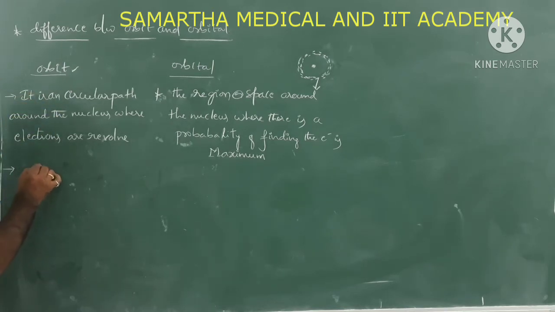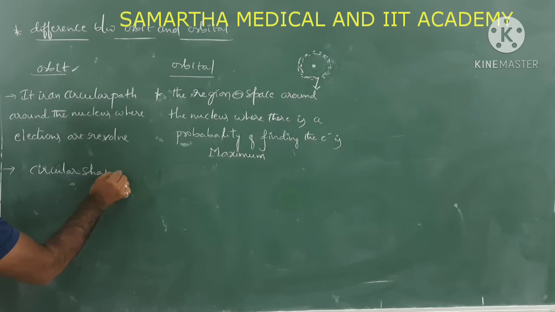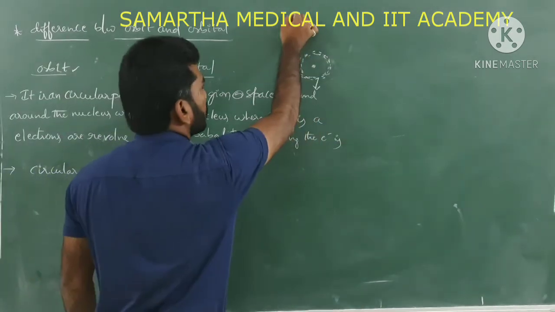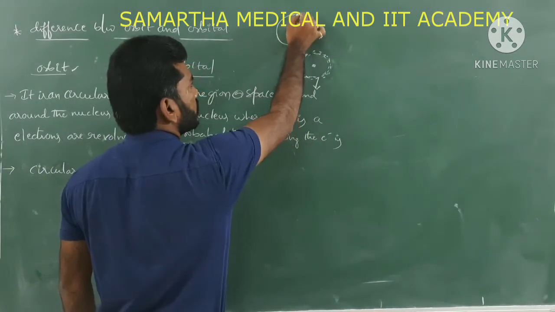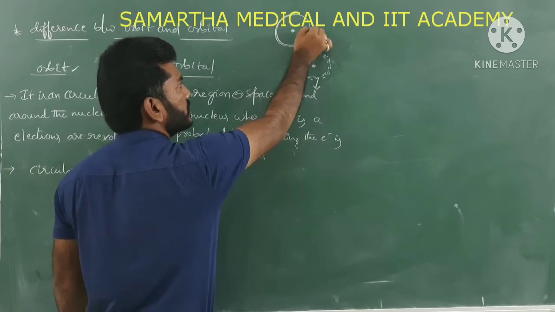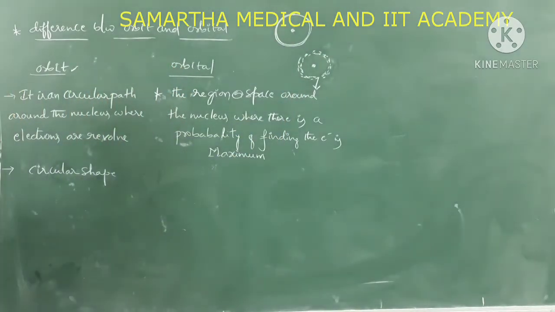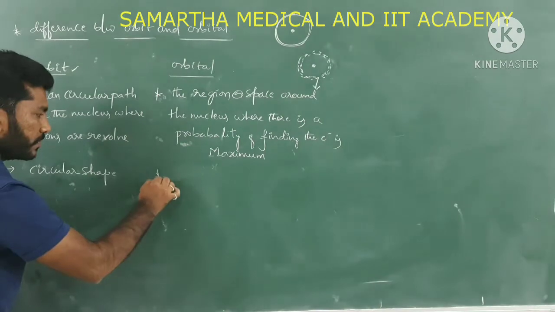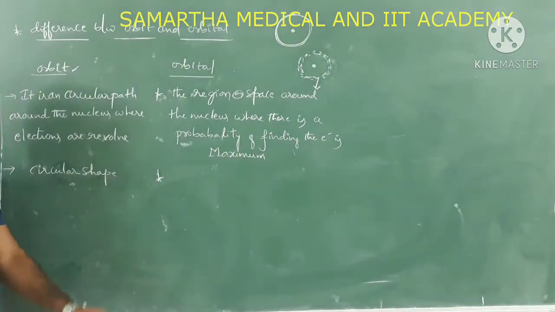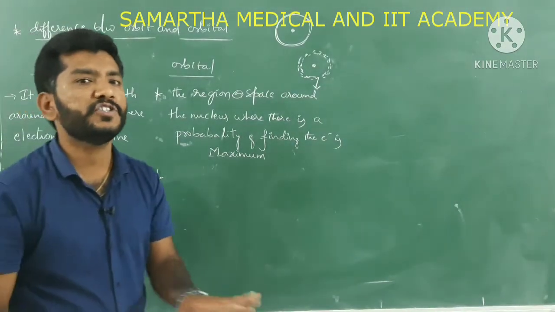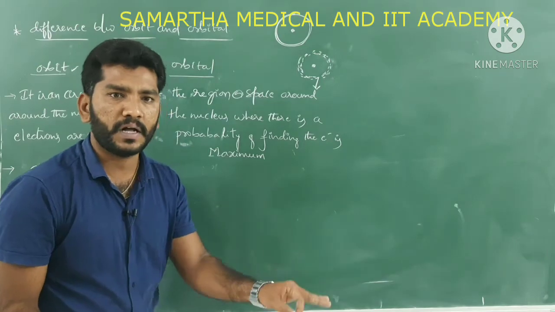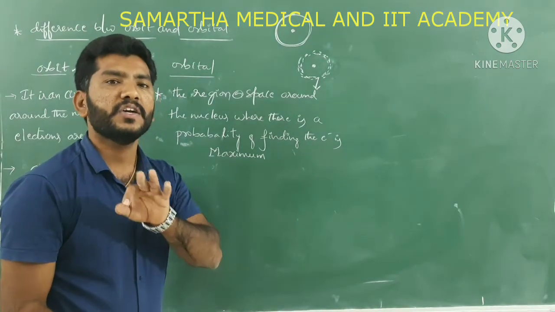Because if you consider one particular atom, the orbit is nothing but a circular shape, right? Then orbital: different orbitals have different shapes, guys.